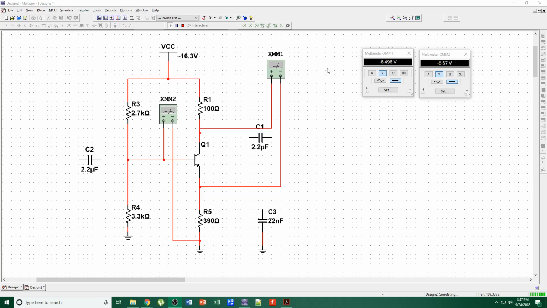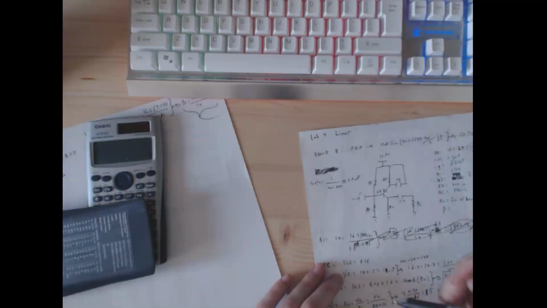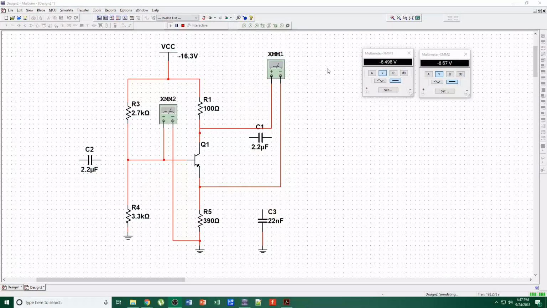So all this is wrong. I need to calculate a higher value. So I need to choose a really high R2 to be able to get the values I want.